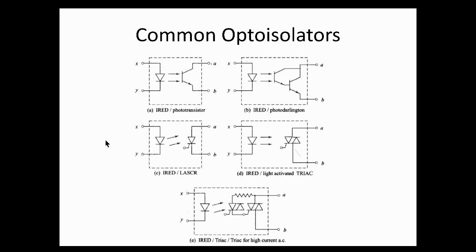A mechanical relay can fail because it has moving parts, and compared to your opto-isolator, we don't have any moving parts. It's all semiconductor based.